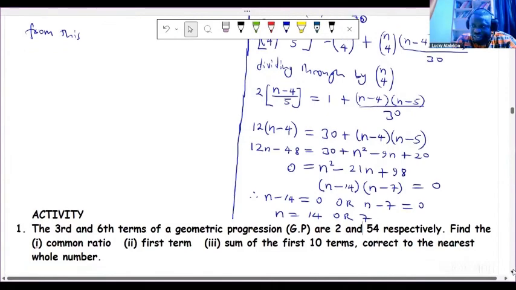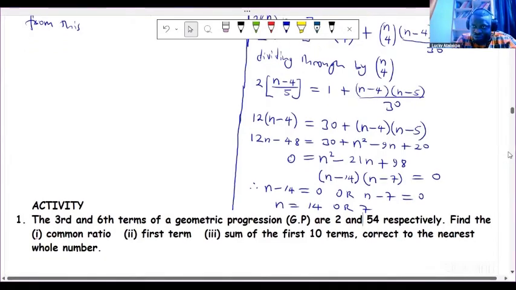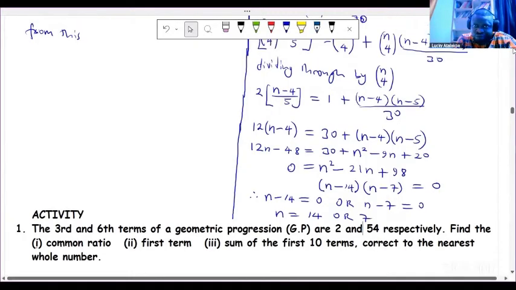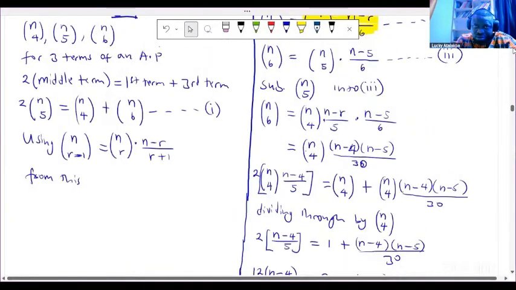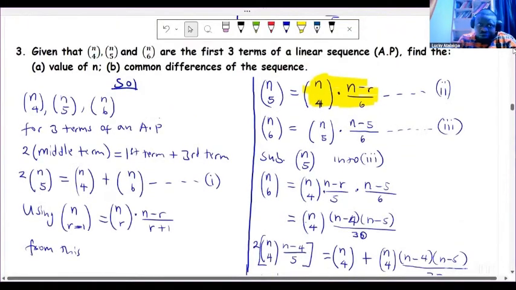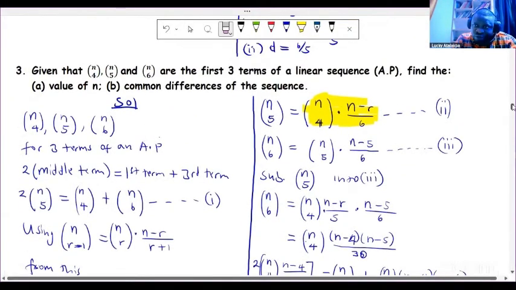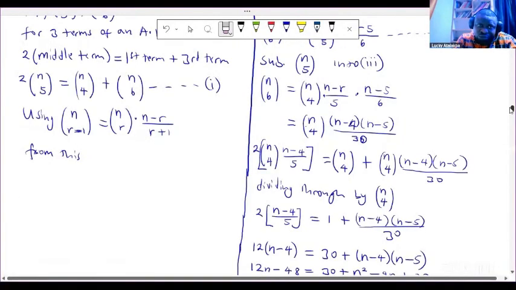I think that is it. Right. So when we have to find the common difference, that's not hard. We know n now.